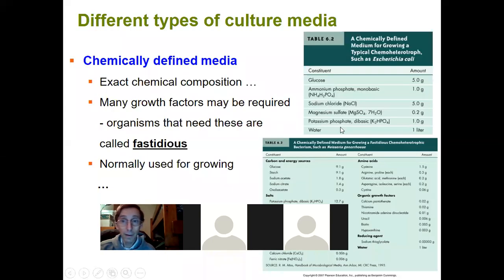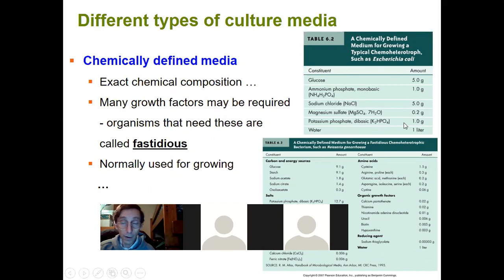For example, here is a chemically defined media for growing typical bacteria like E. coli: glucose, supplying both the energy and the carbon source; ammonium phosphate, supplying the nitrogen as well as the phosphate; sodium chloride, providing salinity as well as sodium and chloride; magnesium sulfate, providing the sulfur as well as magnesium; potassium phosphate, providing the phosphate and potassium; and then water supplying the trace elements.